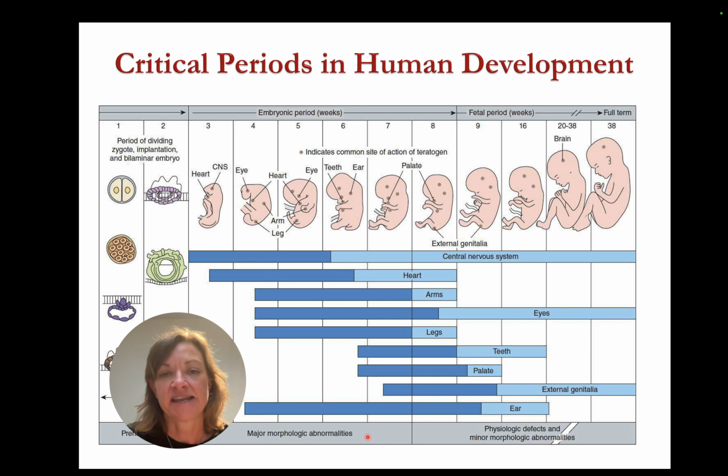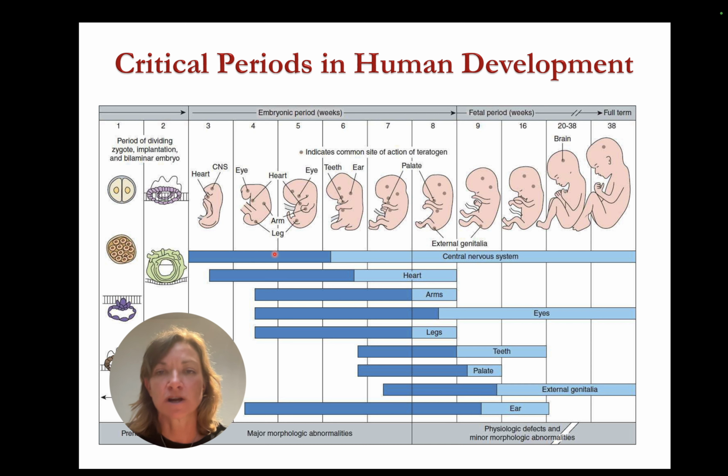If the prenatal environment is adversely affected in the embryonic period, there's likely to be major abnormalities. There's a real risk of what's called major morphologic abnormalities or a gross birth defect, something you can see when you look at a person. And that risk exists in the embryonic period.